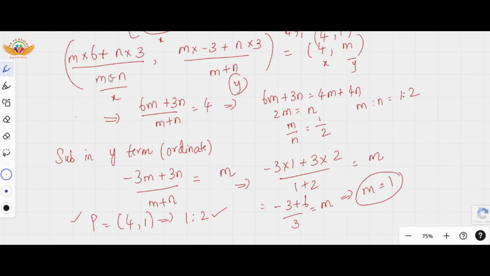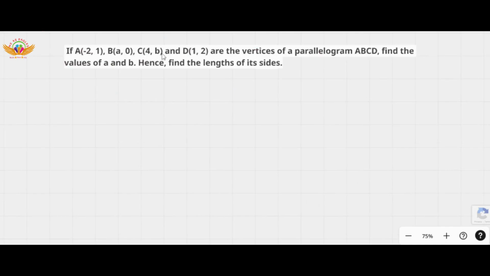Okay? Yeah. If A, B, C, D are the vertices of a parallelogram ABCD, find the values of a and b. So again, before going to solve this problem, I want to give a tabular column. We have almost four quadrilaterals in this chapter, where they might ask any kind of quadrilateral.